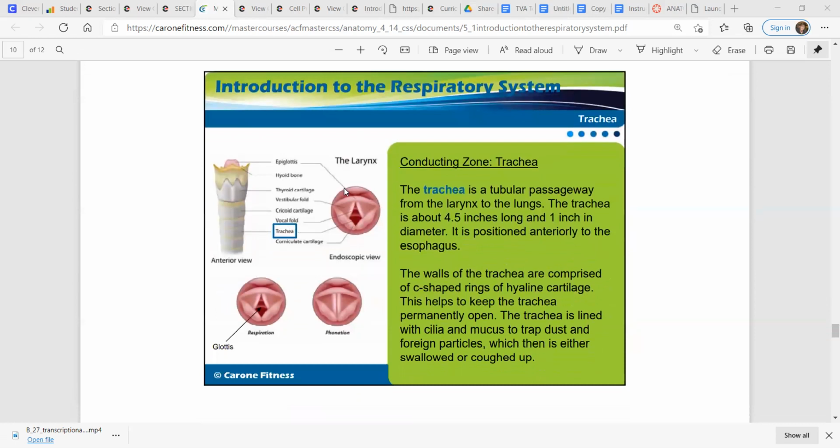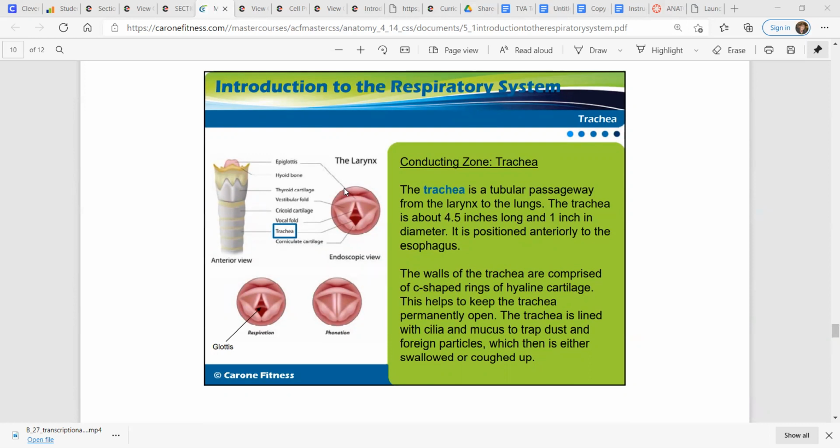Then lower we go into the conducting zone. You have the trachea. That is a tubular passageway from the larynx to the lungs. The trachea is about 4.5 inches long and 1 inch in diameter. It is positioned anteriorly to the esophagus.